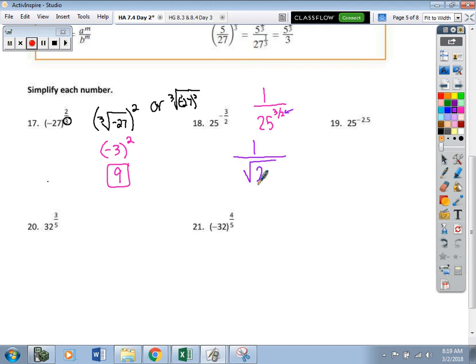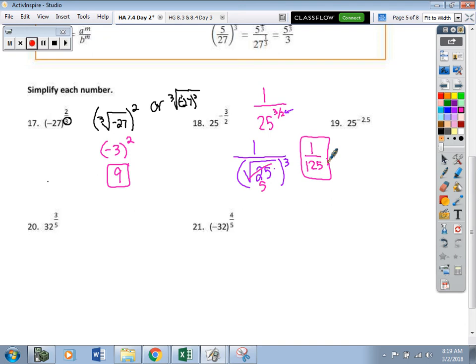The square root of 25, and again, you have the option to put the cube inside, or you can put the cube outside. And this will be easier, because the square root of 25 is just 5, and then 5 cubed is 125, so 1 over 125. Now if you did that in the calculator, you get a decimal, you just have to press your math fraction button to convert it back if you were checking your work.